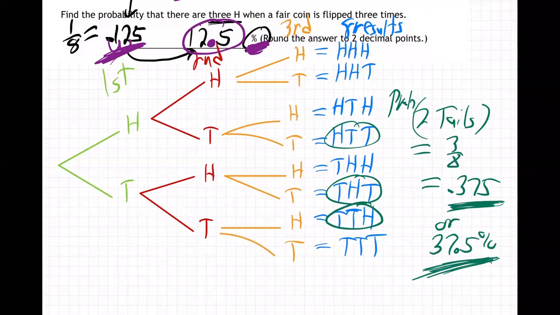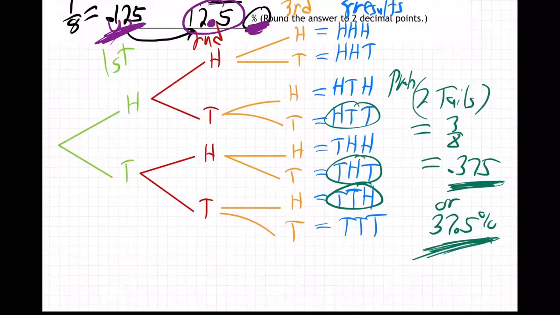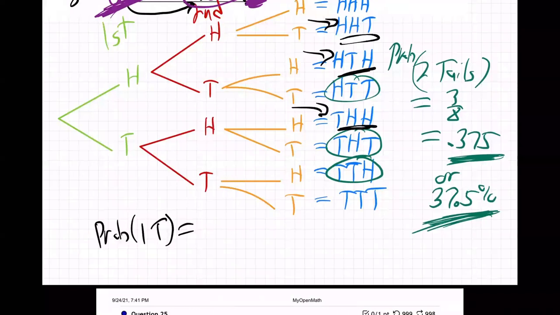So if they said, for example, probability 1 tail, which ones have 1 tail? It would be this one, and this one, and this one. Again, it's 3 out of 8, which would be 0.375 decimal, or 37.5 in terms of percentage.